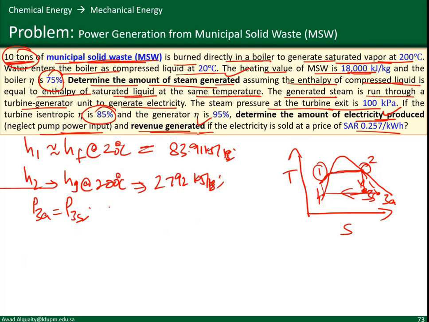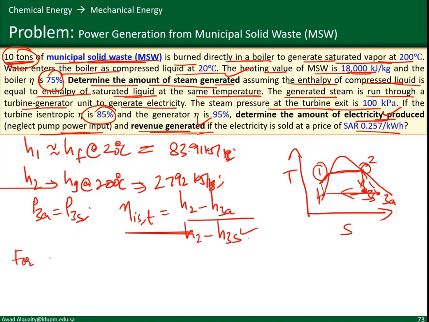So now we have the isentropic efficiency given for the turbine. Isentropic efficiency is equal to H2 minus H3 actual, the actual work output, divided by the isentropic work output, H2 minus H3S. So the first thing is to find 3S, right? And how do we find 3S? Well, for an isentropic process, let's say 2 to 3, we know that S2 will be equal to S3S, right?